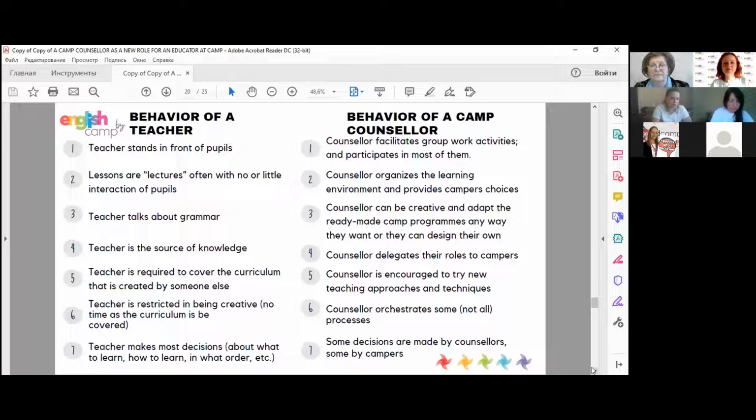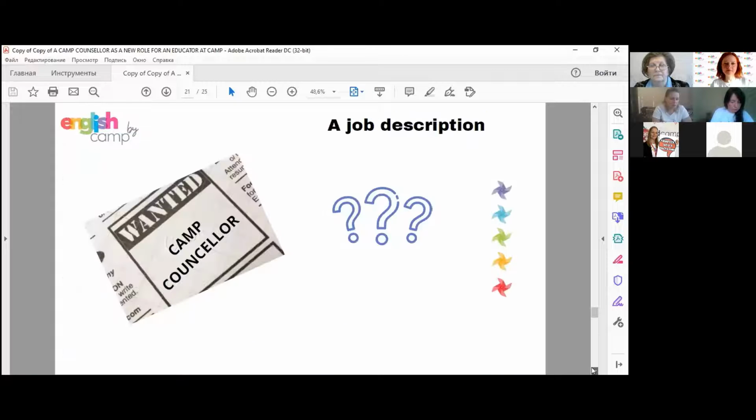Now I have one more activity for you. Imagine you find an advertisement on the internet: camp counselor wanted. Could you please think about a job description of a camp counselor?